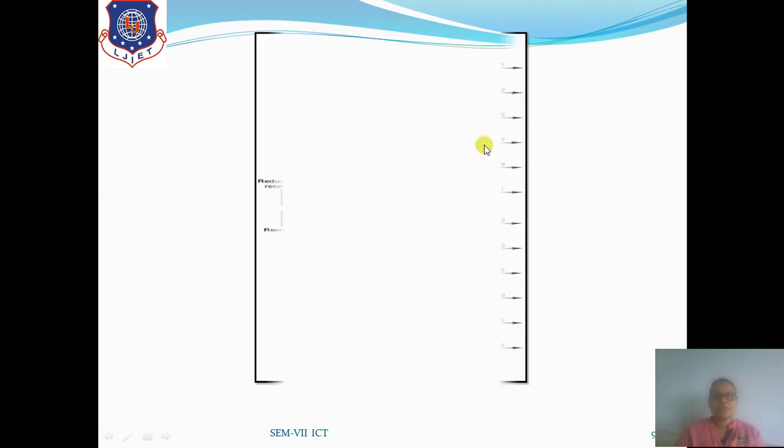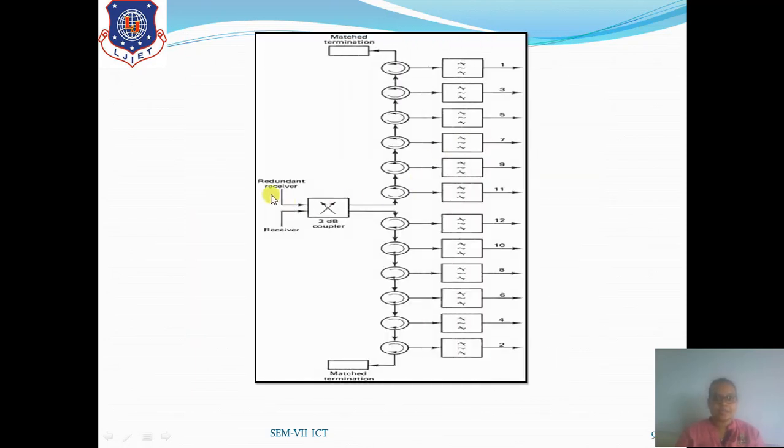So what we do in the input demultiplexer, after we get the channels from the wideband receiver, is use a 3 dB coupler to divide them into odd number channels and even number channels, based on the polarization given by these circulators, right?